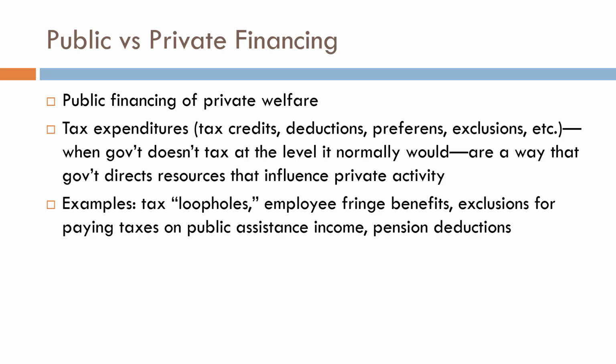Basically, all of these are ways in which the government is not taking income that could be used for social welfare and instead is giving that break to businesses, to corporations, to individual people, in the hope that by doing so, it can either further private charity work or assist in the public good when it comes to private individual welfare.